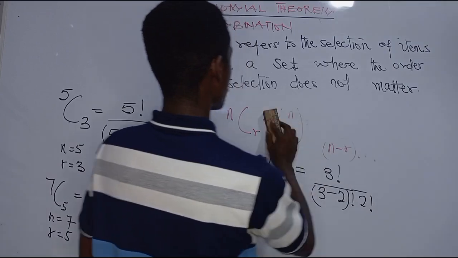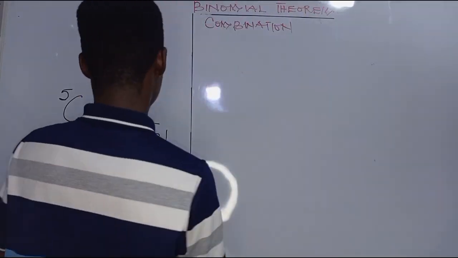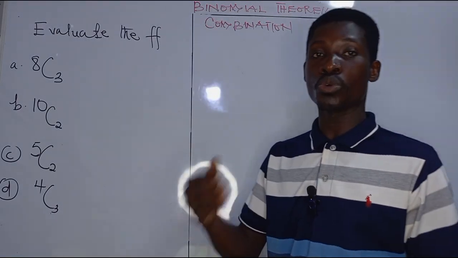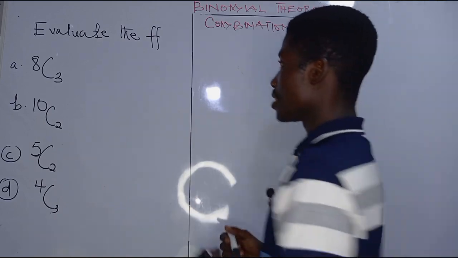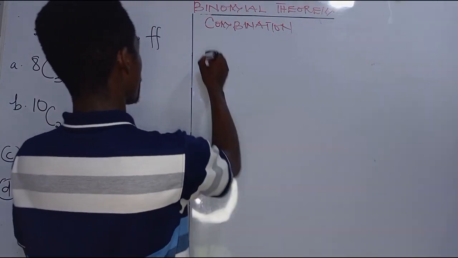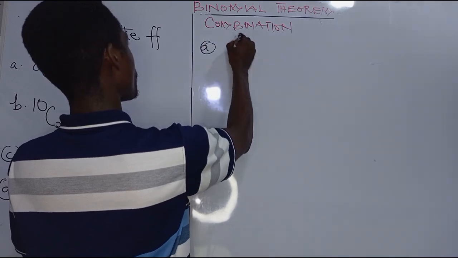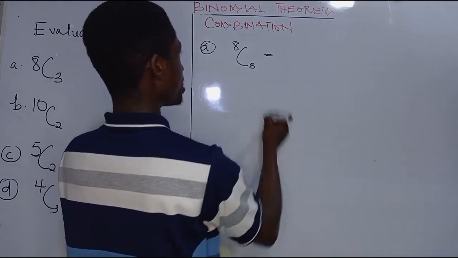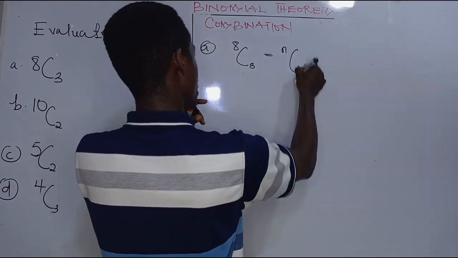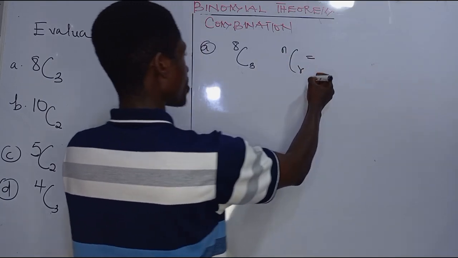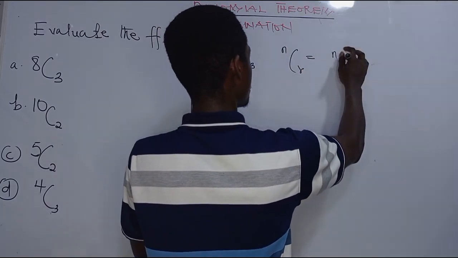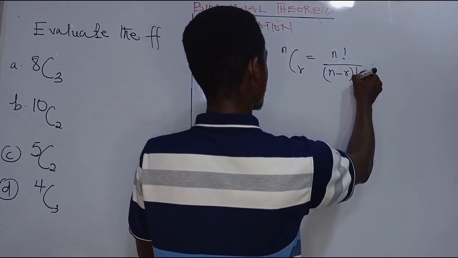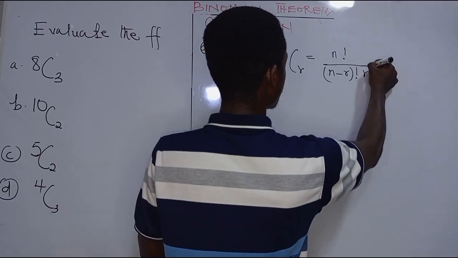So let's look at the evaluation of these combination numbers. So let's take examples. We have these 4 examples. We are going to go through them one after the other. So we have the first example. We are to evaluate 8 combination 3. And we know that by definition, n combination R is given as n factorial all over (n minus R) factorial multiplying R factorial.